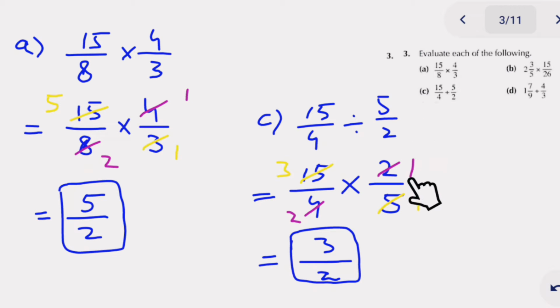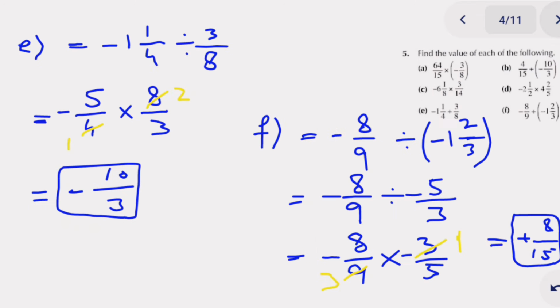Numerator becomes the denominator and denominator becomes the numerator, and then we simplify it. 2 ones are 2, 2 twos are 4, 5 ones are 5, 5 threes are 15, and 3 ones are 3 and 2 ones are 2. So this is how we can multiply and divide two fractions.